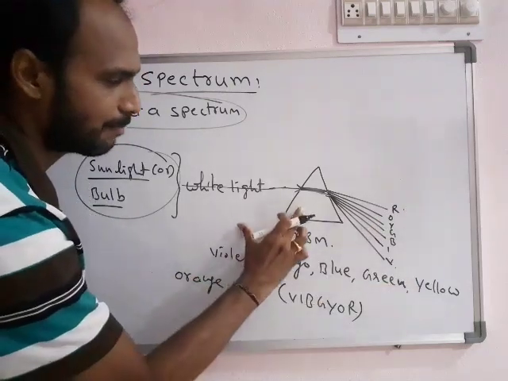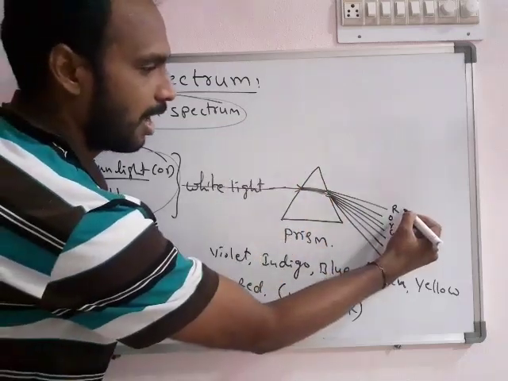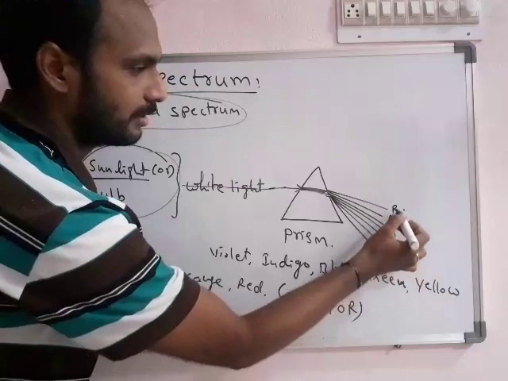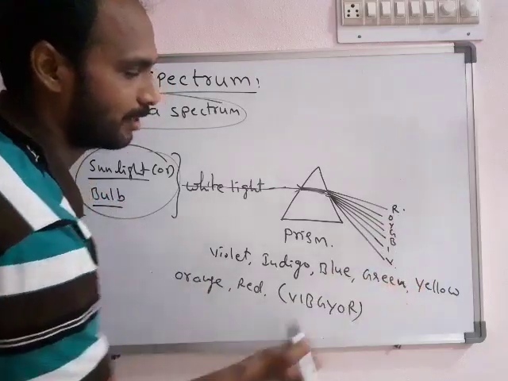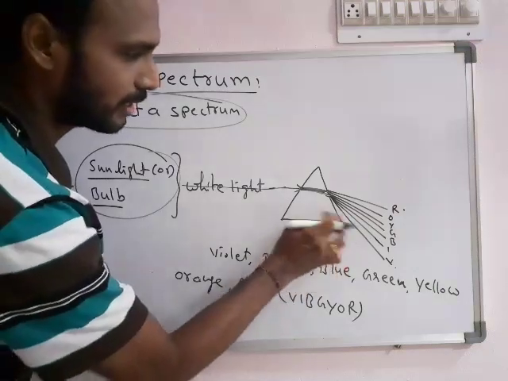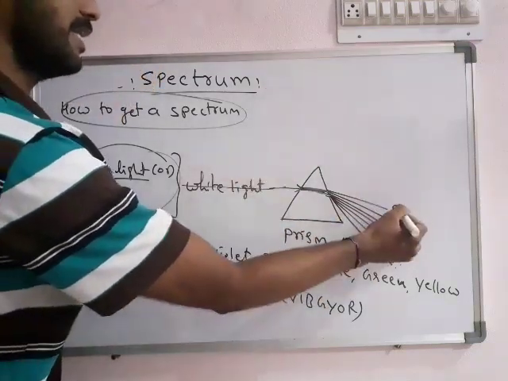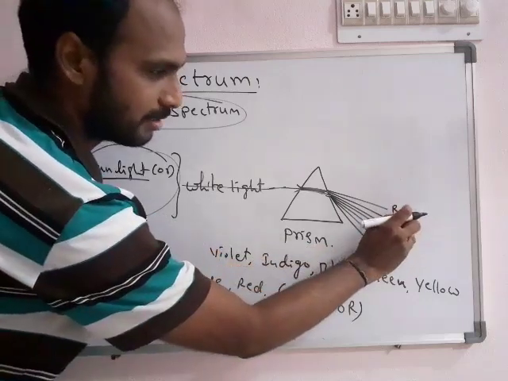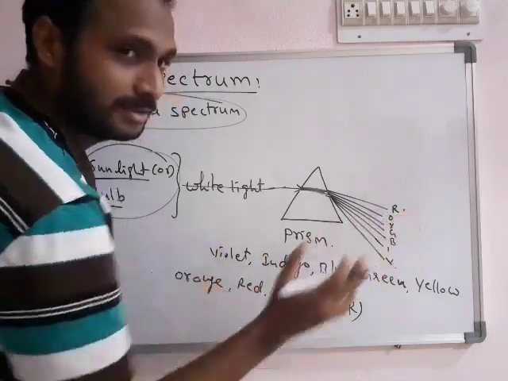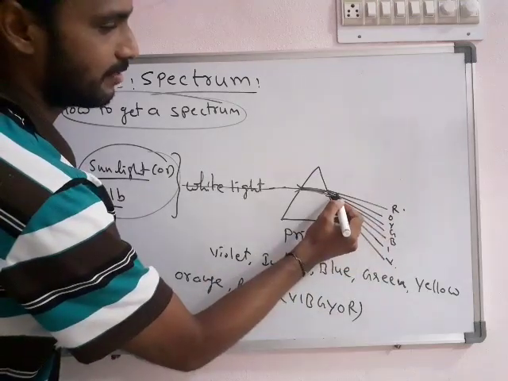Here you see red is at first, violet is at last. By taking the prism in a normal mode, red is the top one, violet is the lower one. So by looking at this picture, we can conclude, generally we know red is having the highest wavelength. The highest wavelength is deviated with very small angle.